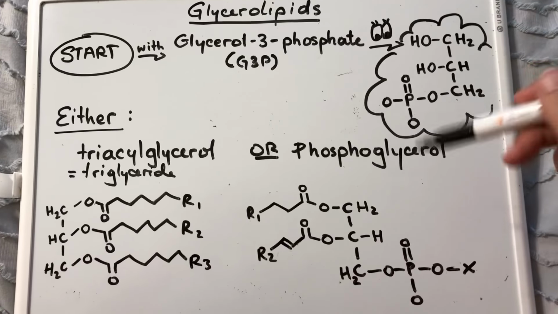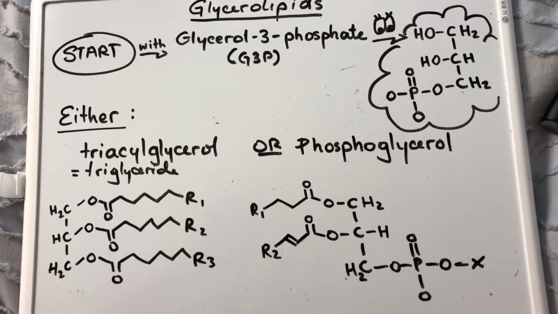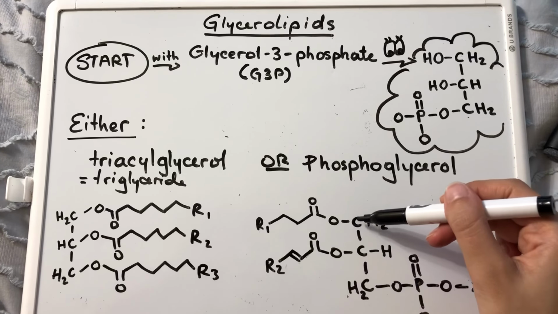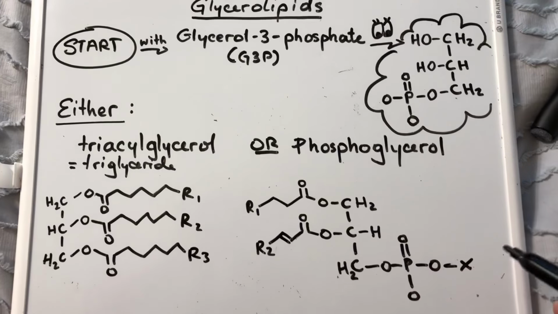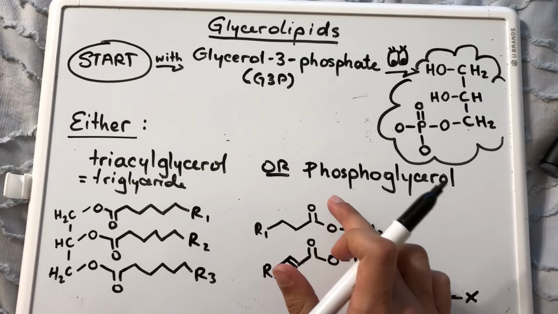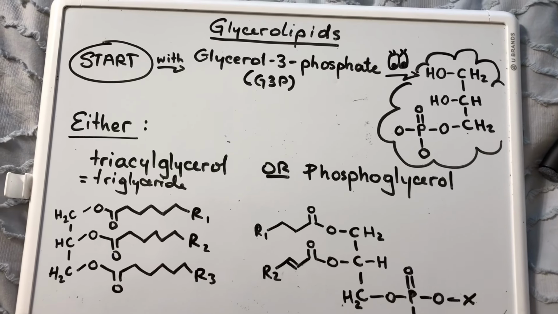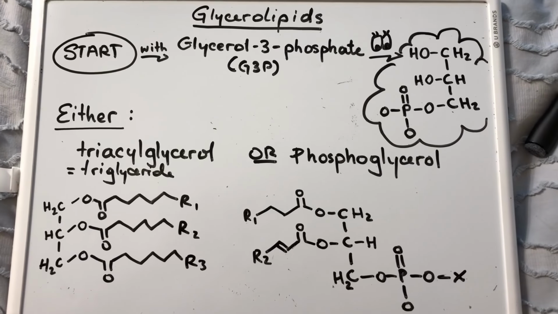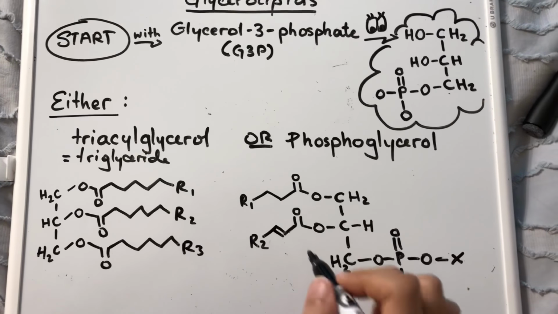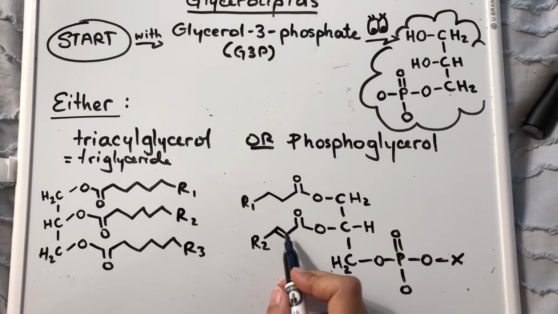But you can also create phosphoglycerols. Phosphoglycerols maintain this phosphate group on the 3rd carbon. So we're numbering the carbons 1, 2, 3. If you attach 2 fatty acid chains to number 1 and number 2, then you create a phosphatidate. So the phosphatidate has an unsaturated fatty acid chain.